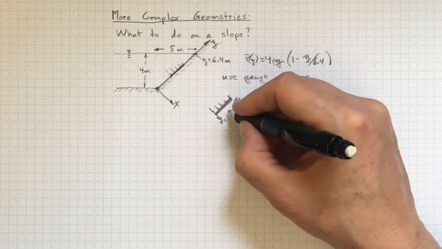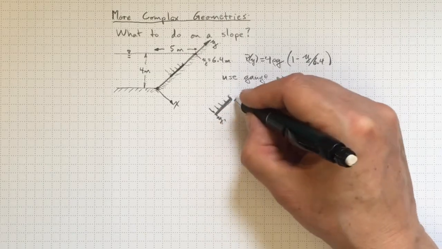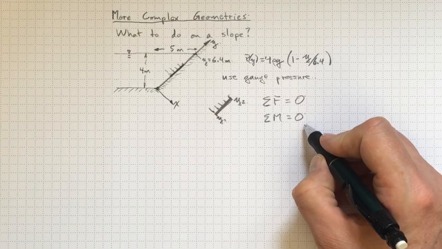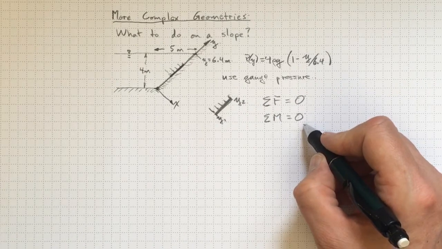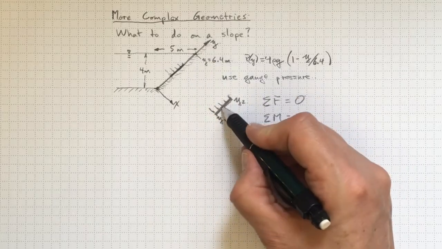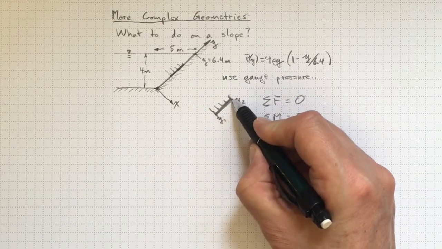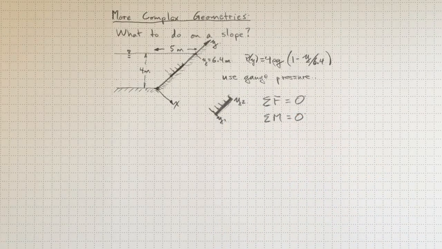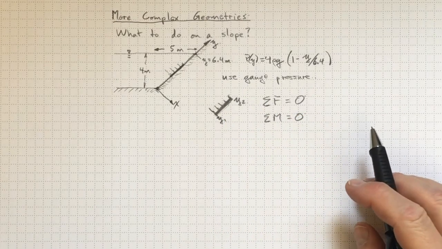And if we've got it being supported in two locations, say at the top and the bottom, that will be enough information to allow us to solve for those forces. If we have more points of contact, then we'll need to know, as you know from solid mechanics, something about the flexibility of this surface, and we won't worry about that in our fluid mechanics course.